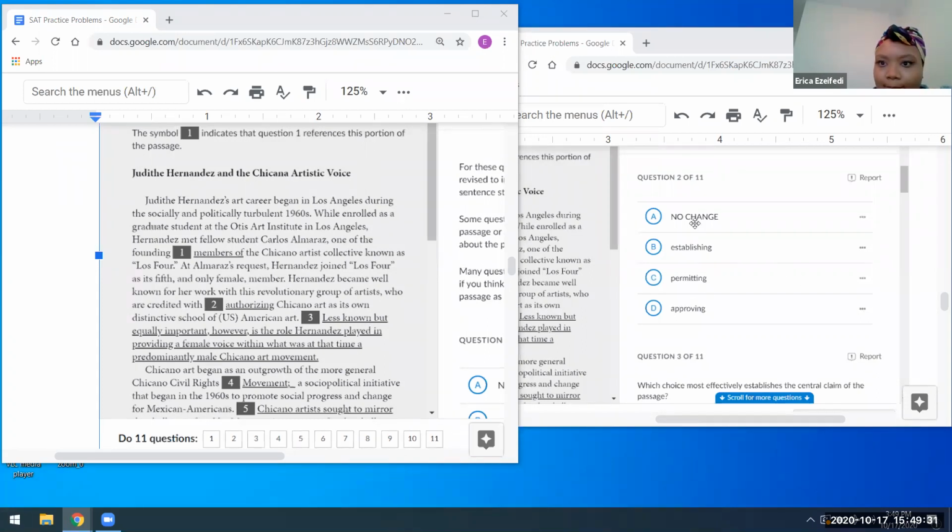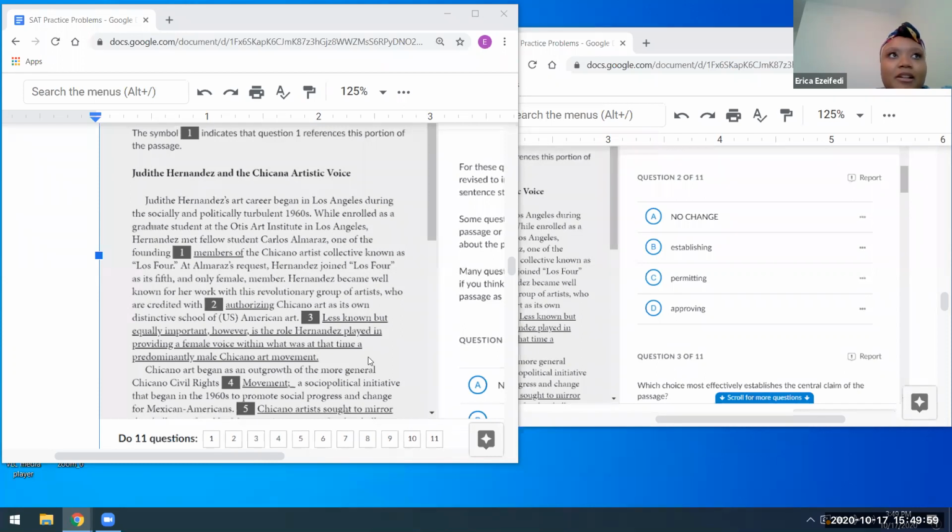So we know that A is incorrect. A would mean that we keep the word authorizing, because when it says Hernandez became well known for her work with this revolutionary group of artists who are credited with authorizing Chicano art as its own distinctive school, authorizing doesn't make sense, because authorizing means you have some authority.